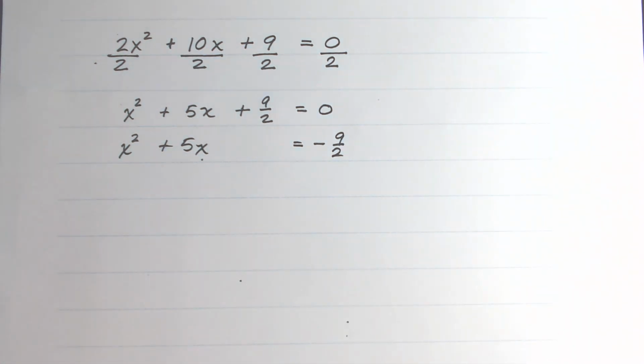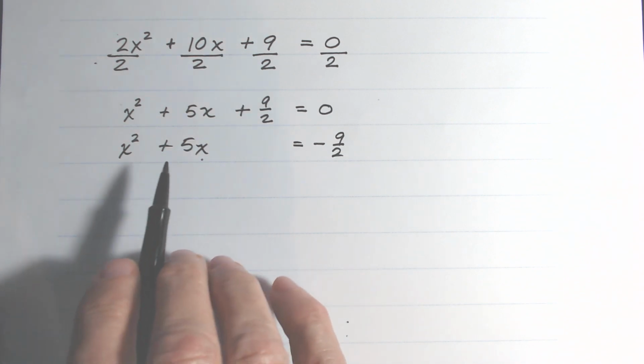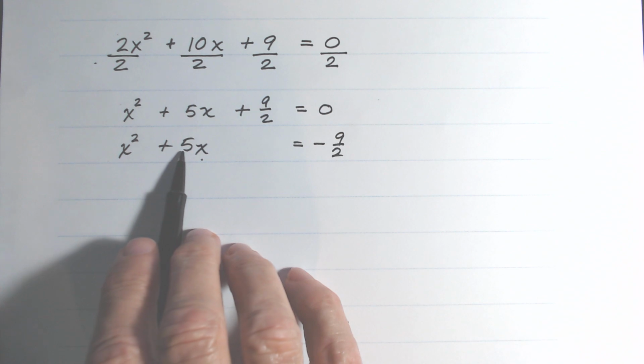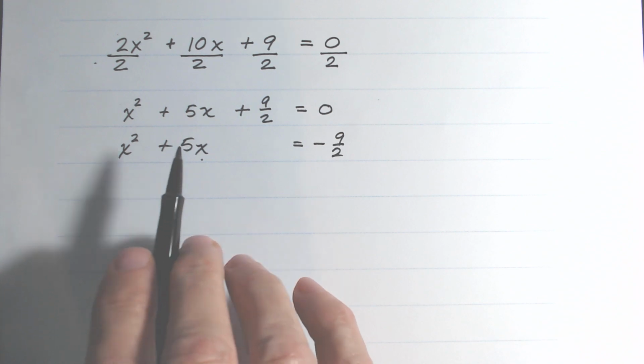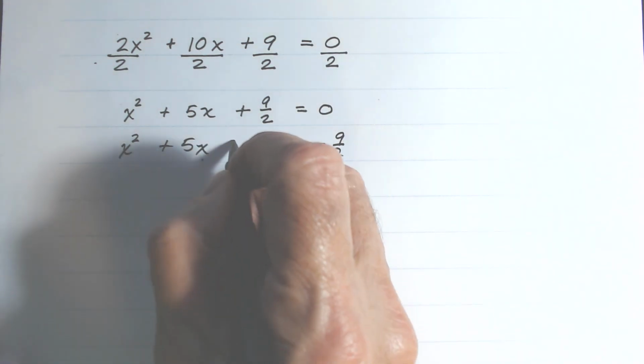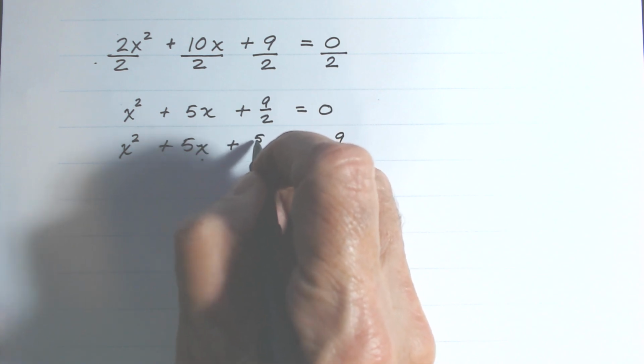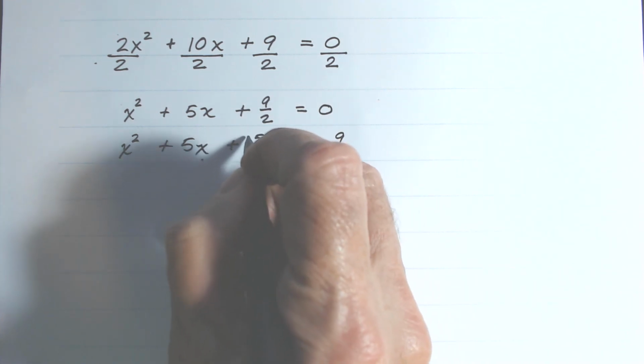Alright. Then we do the same thing we did last time. Take half of the b coefficient and square it and add it to both sides.